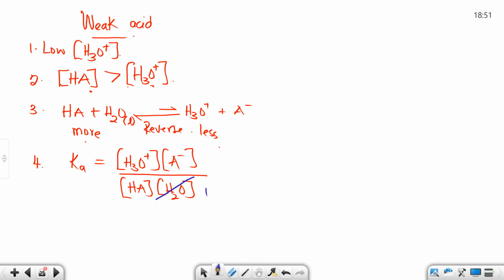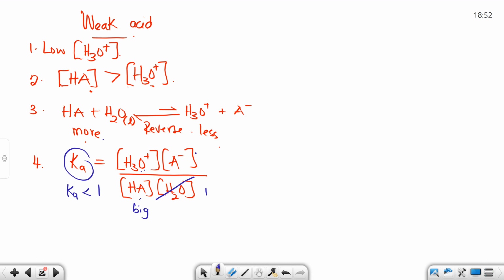Check what we have. Look, this is very, very small. It's negligible. If we compare these two, which one did we say is big? HA, right? If this number is big, this value will be not just small, less than 1. Mathematically, when the denominator is bigger than the numerator, you're going to get 0 point something.